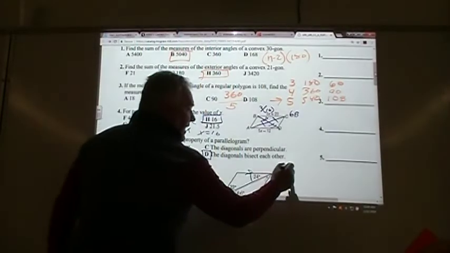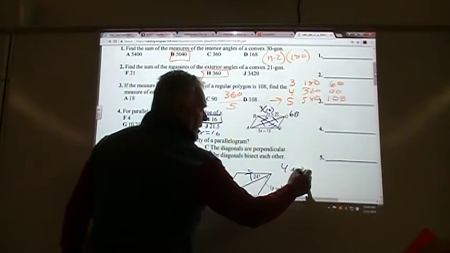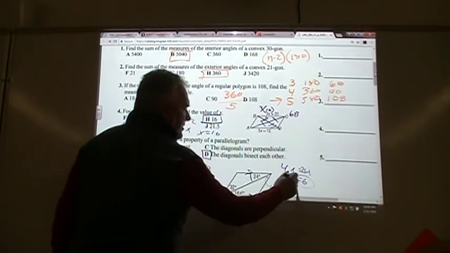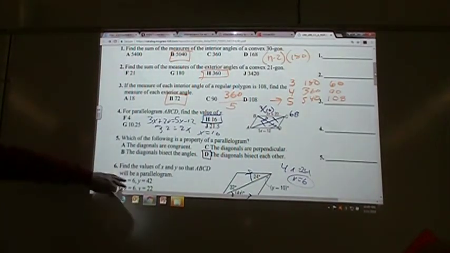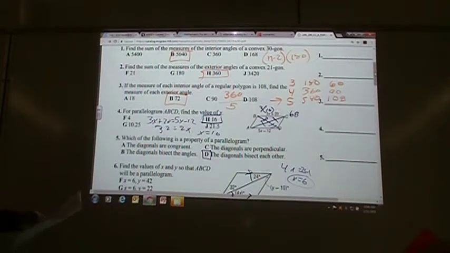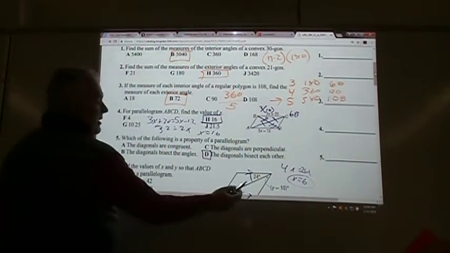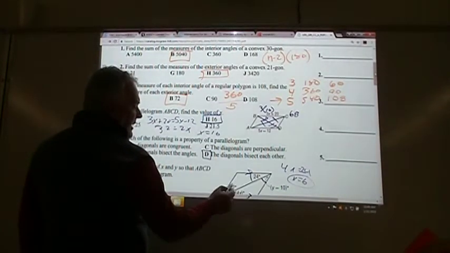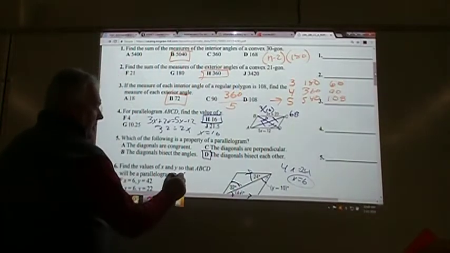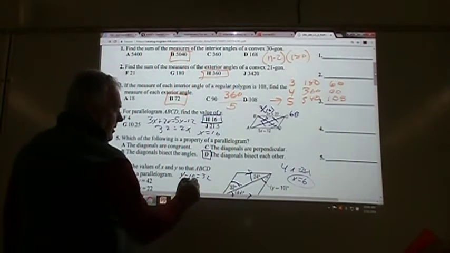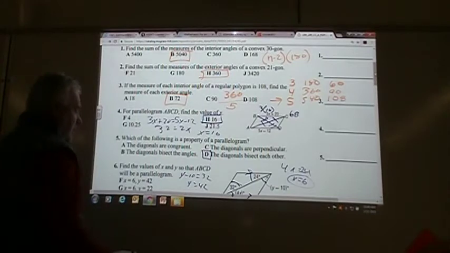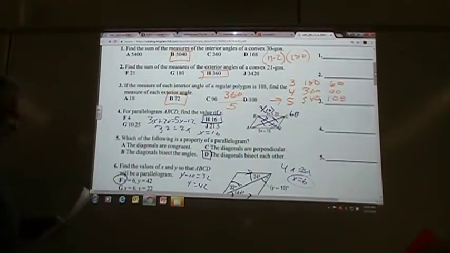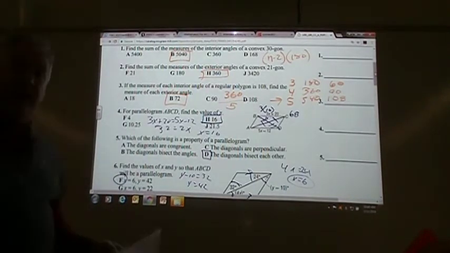So 4x equals 24, x equals 6. So x is going to equal 6, so it's either going to be F or G for our answer. And now let's solve for y. Y minus 10 equals 32. Y equals 42. So our answer for number 6 is F.